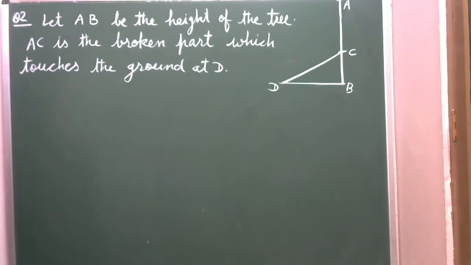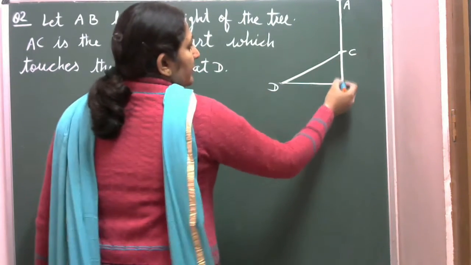Now question number 2. According to the statement given here, a tree breaks due to a storm and the broken part bends so that the top of the tree touches the ground, making an angle of 30 degrees. Now here, this is the tree.